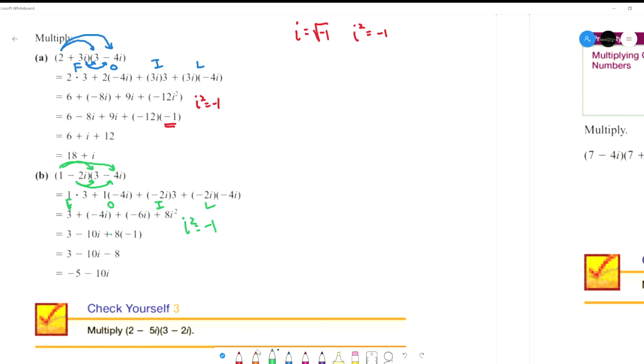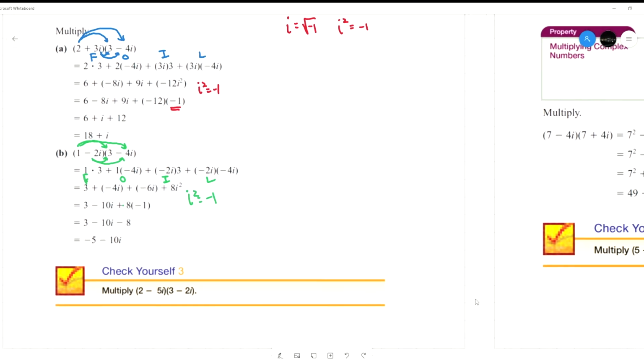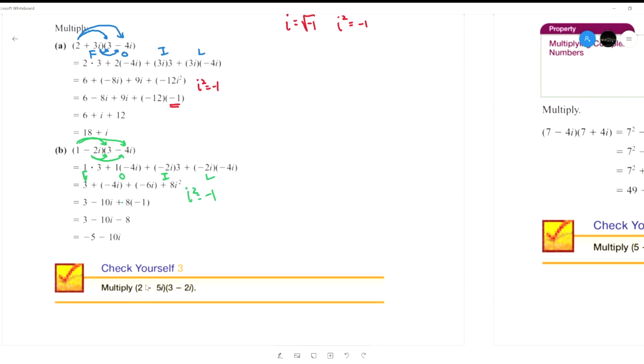Okay, so let's try this practice problem on the bottom. And don't forget to FOIL, right? So when you FOIL, you should get the first, the outer, the inner, and the last. So I'll give you a minute.